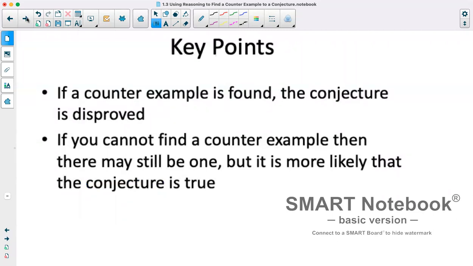So some key points: if a counterexample is found, the conjecture is considered to be disproven. So at that point, one has to come up with a new conjecture if they wish to follow through with it, or abandon it entirely. If you cannot find a counterexample, that does not necessarily mean that one does not exist. It's just more likely that the conjecture is true.